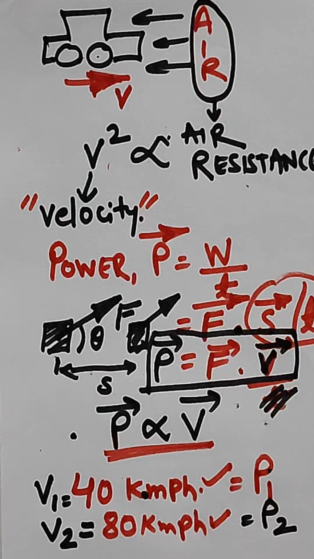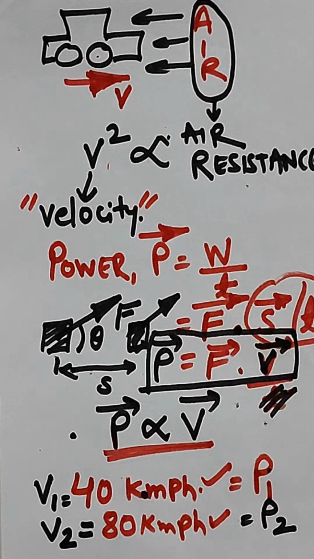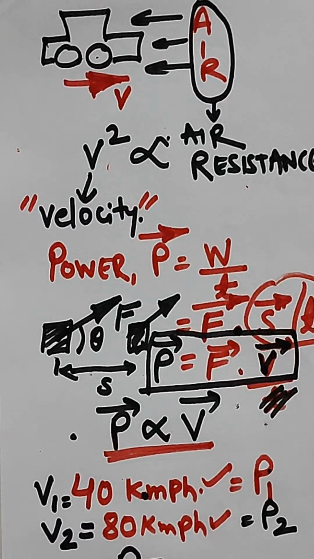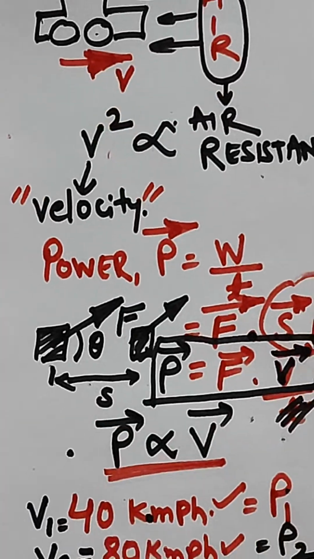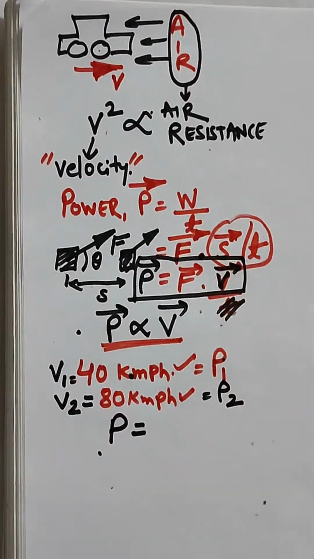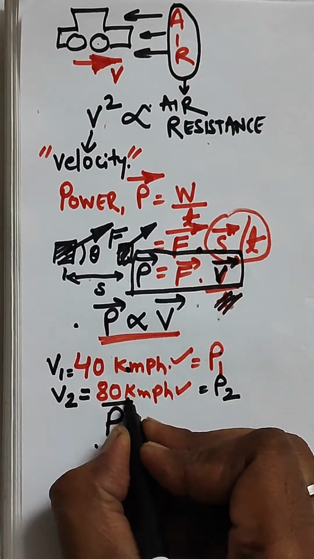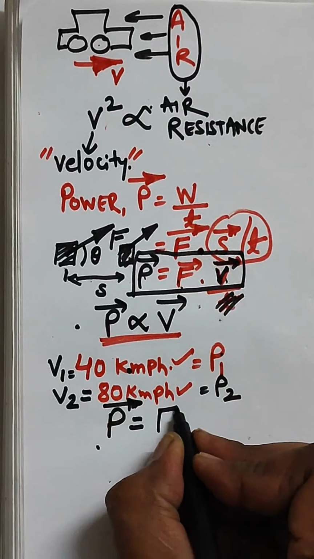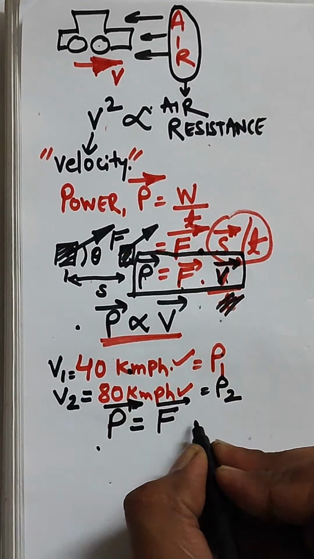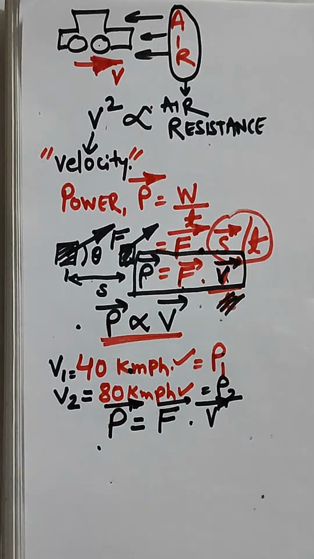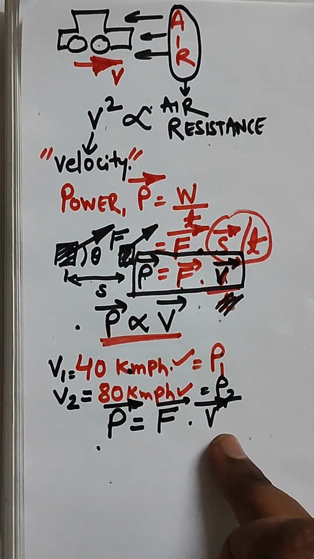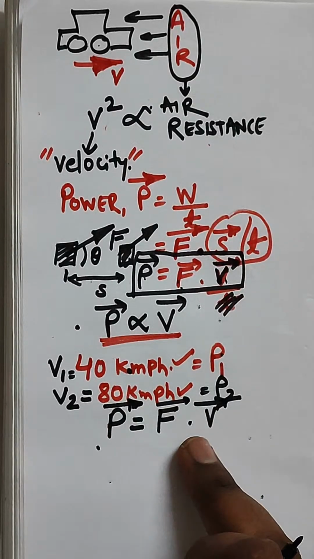We also know that power is the dot product of F and V. So it can be written as F dot V, which we already showed. Power is F dot V.